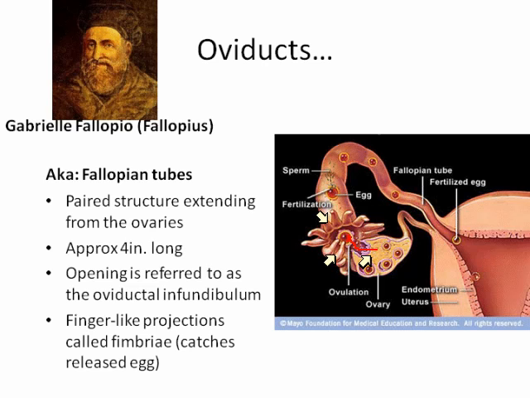These are those finger-like, feather-like projections that are going to create a current that is hopefully going to catch the egg and pull it into the oviduct itself. The oviducts are not directly attached to the ovary, but they are external to the ovary. There is a space between there. They go from the region of the ovary and connect directly into the uterus.